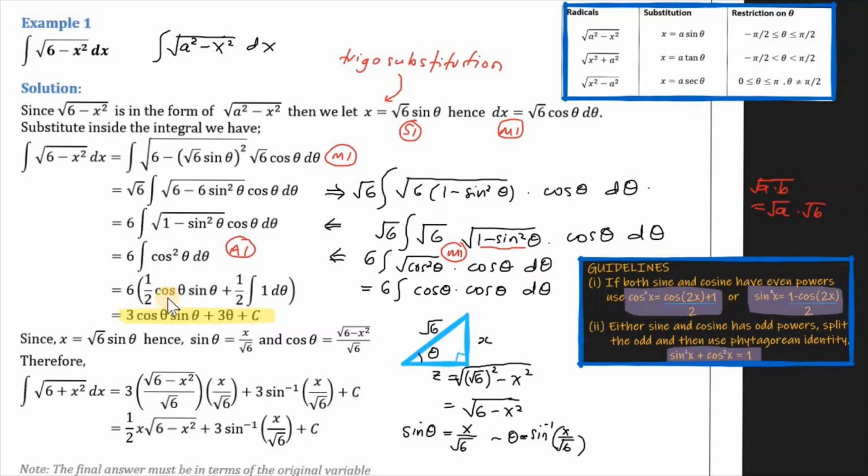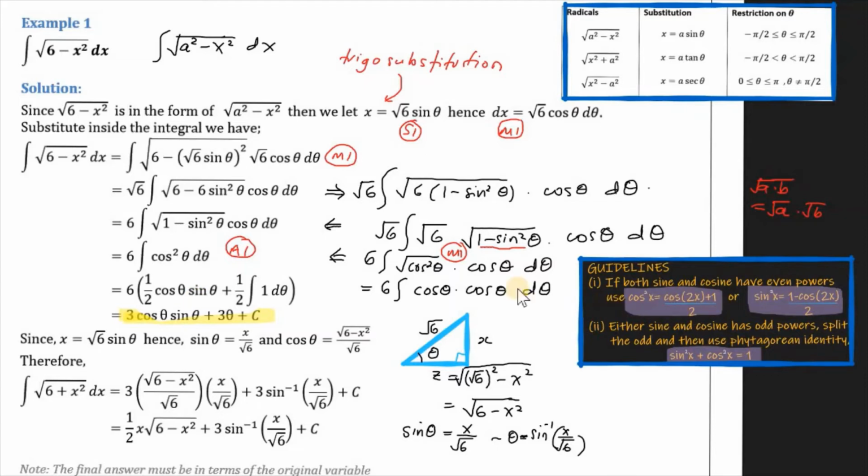or actually here they are using another identity. Instead of that, I think they are using another identity. How to get to this portion, how to get to this part, 2 sin theta cos theta. Let's look at another identity.